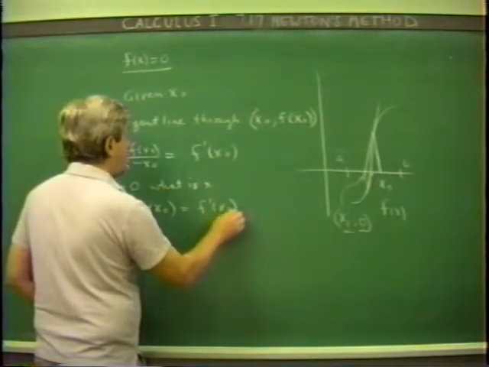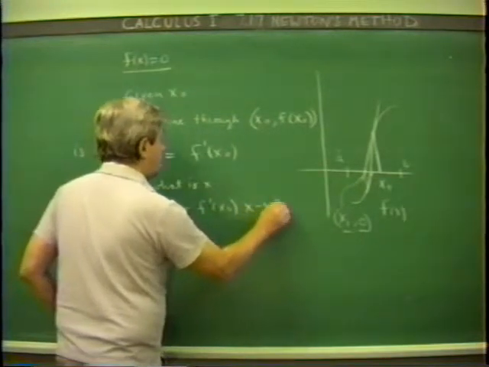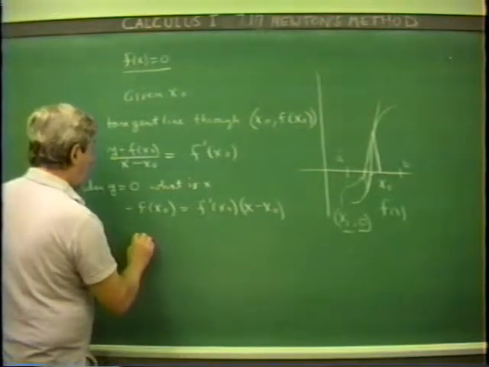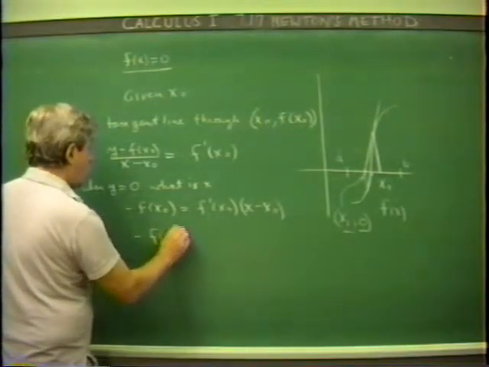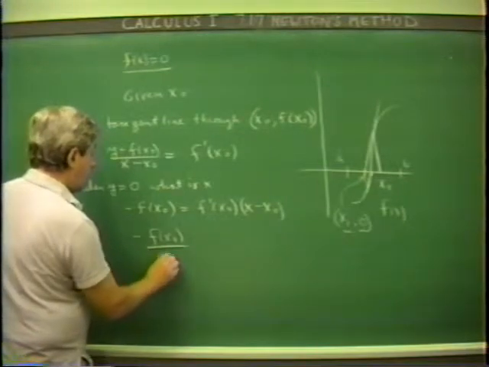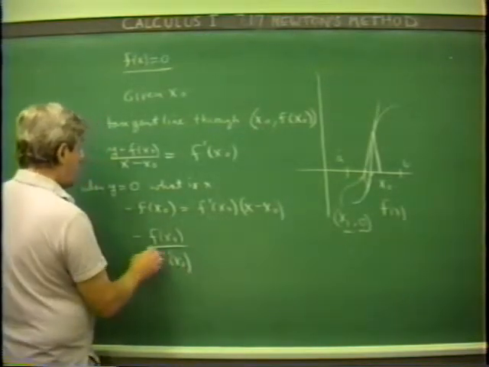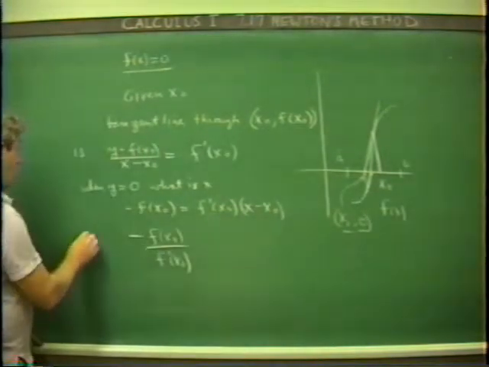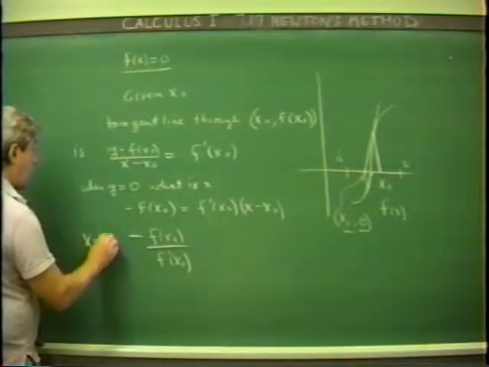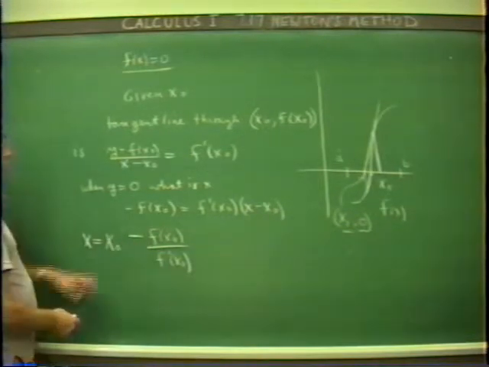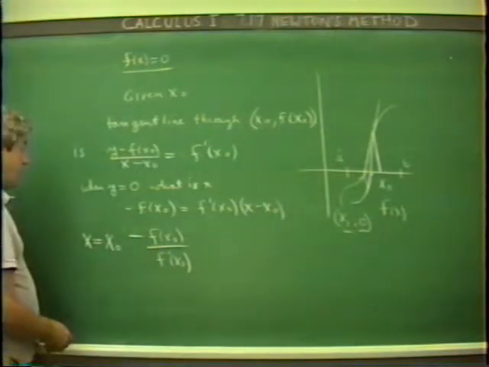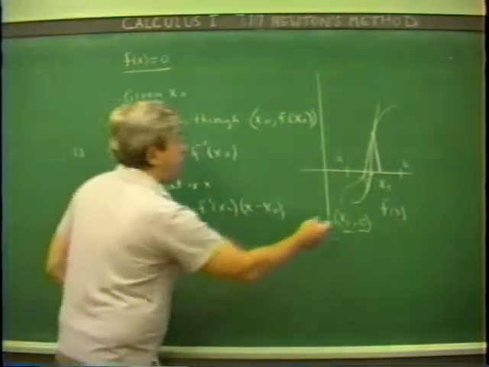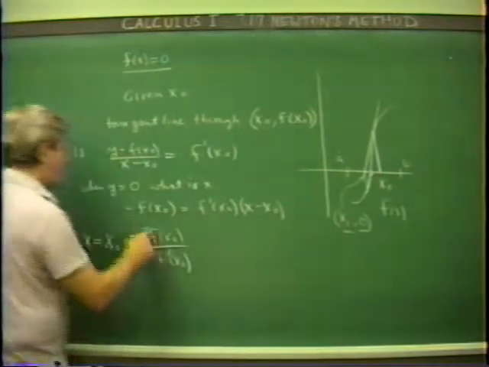And so when y is equal to 0, we're going to get minus f of x0 is equal to f prime at x0 times x minus x0. Or minus f at x0 divided by the derivative at x0 is equal to x minus x0, or x is equal to x0 minus f of x0 over f prime of x0.